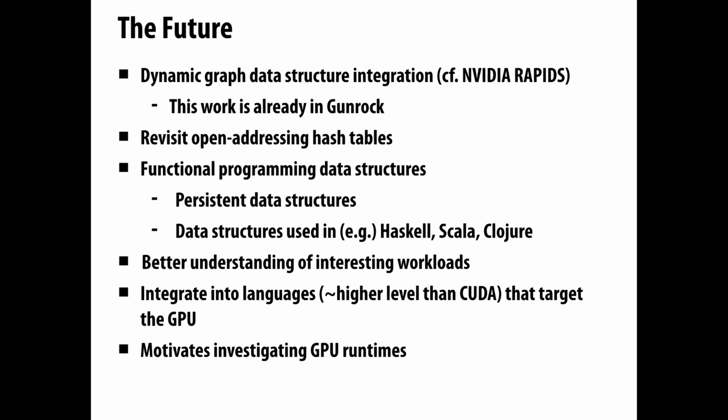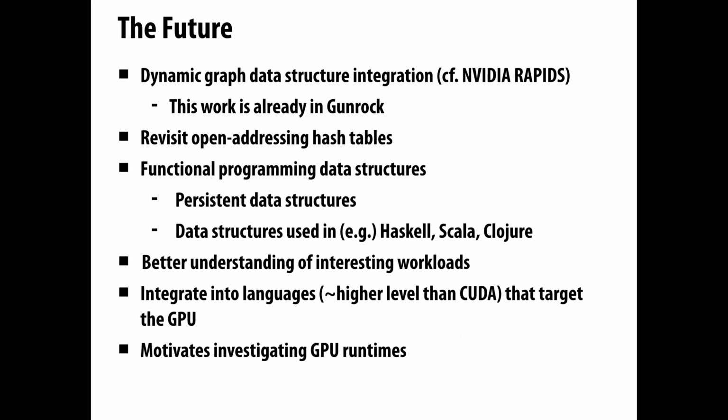Okay, here's some of the stuff that we're thinking about going forward. One is to integrate dynamic graph data structures into shipping code. This works already in Gunrock. We expect RAPIDS might be interested in dynamic data structures, and so we hope that our work will be integrated there.